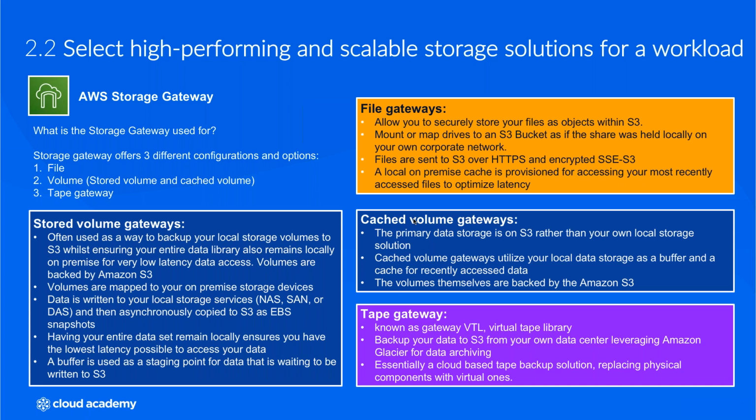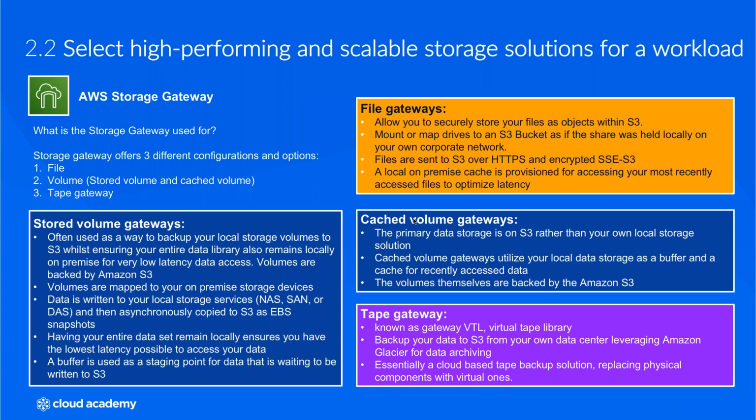Now, you have three different options when deploying Storage Gateway. You have file, volume, and tape. For the volume option, there are two different configurations, stored volumes and cached volumes. I'm not going to go through and read all the different points on the screen. You can take a look back at this, but it gives you a good overview of the differences between them.